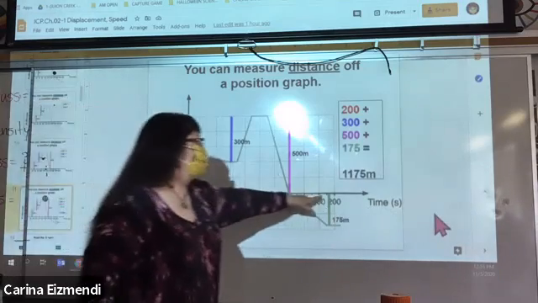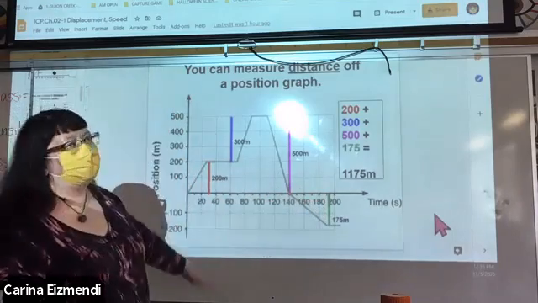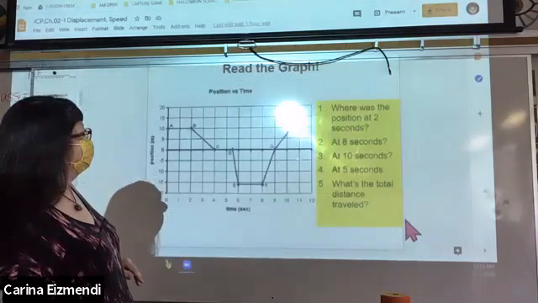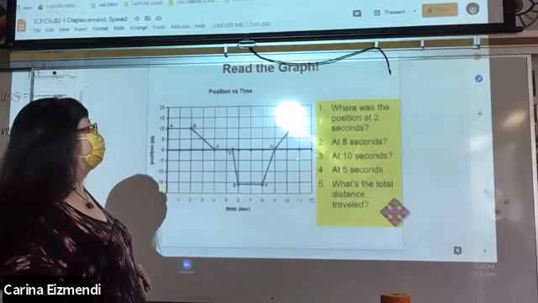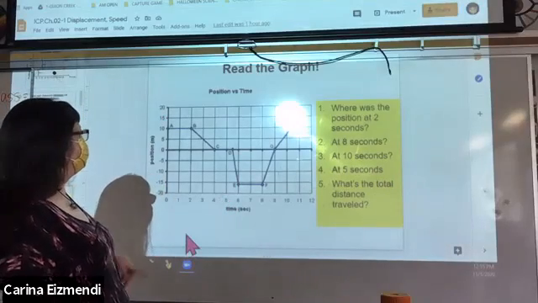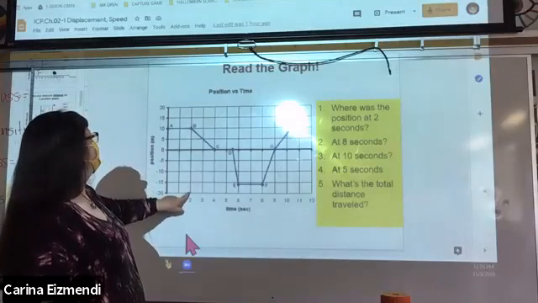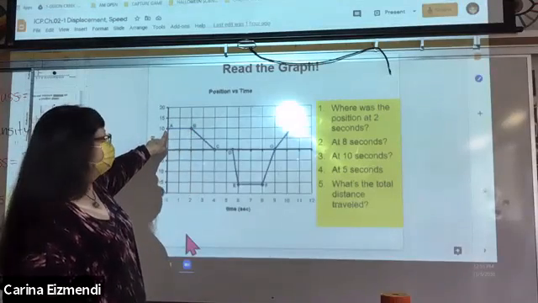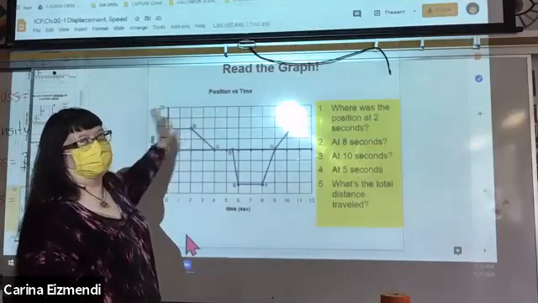And then this little bit down at the bottom adds up, like the total distance traveled would be this. Questions I might ask you will be like, where was the position at 2 seconds? Well, this is just regular graph reading. At 2 seconds here, the position was 10. That's just saying at this x, what was y?